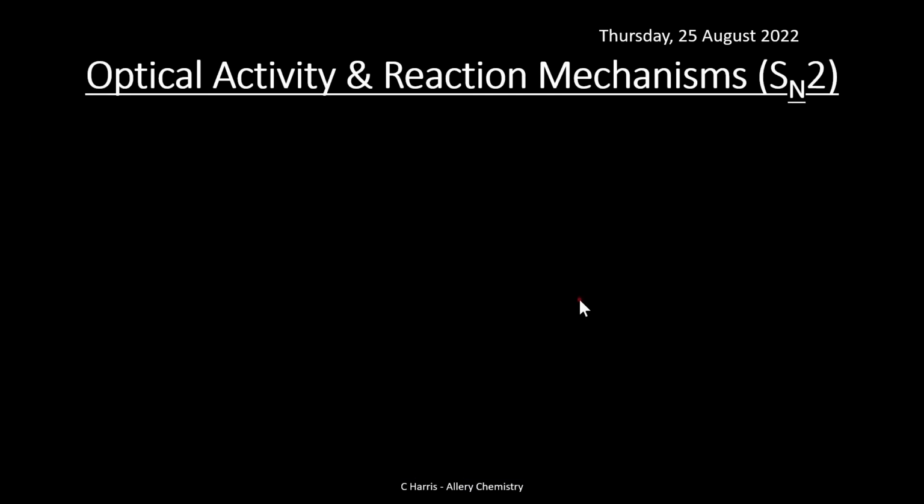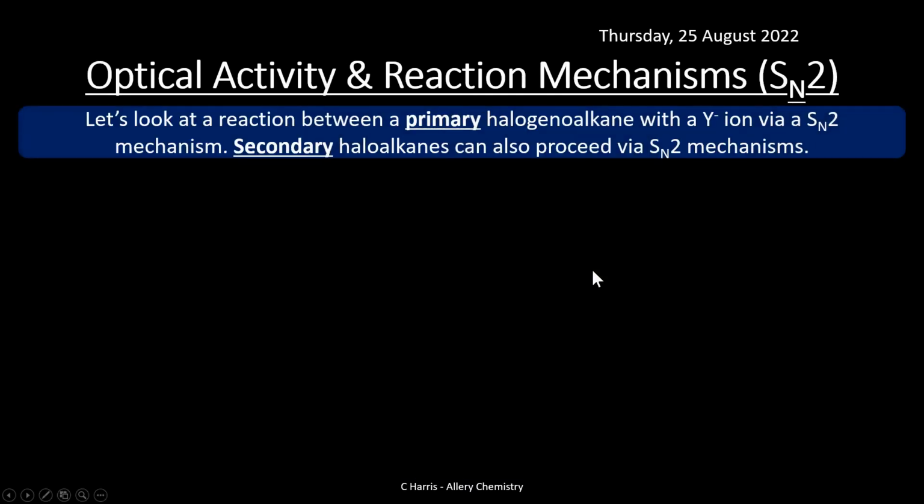Okay, so let's look at optical activity and reaction mechanisms for SN2. Remember, SN1 was for secondary and tertiary halogenoalkanes, so those ones previously. We're now going to look at a reaction between a primary halogenoalkane with the same Y- ion, and this is going to go via an SN2 mechanism instead.